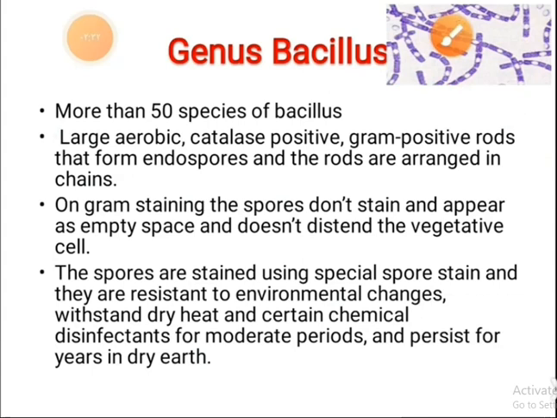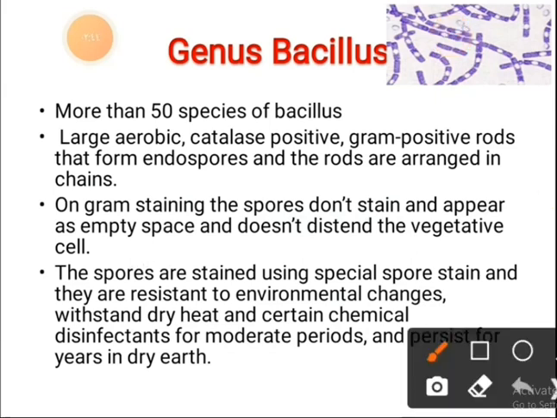In the genus Bacillus, on Gram staining, the spores don't stain and appear as empty space and do not distend the vegetative cell, meaning that the spore inside the bacillus does not distend the bacillus beyond the limits of the bacterial cell wall, while in Clostridium the spore is bulging, distending the mother cell.